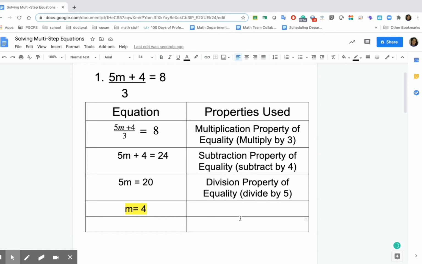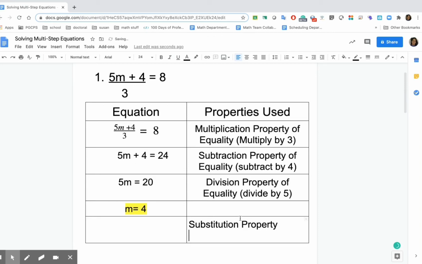To verify if our answer is correct, we will use the substitution property. So we will substitute m by its value 4. So let's copy the equation. 5m plus 4 all over 3 is equal to 8.